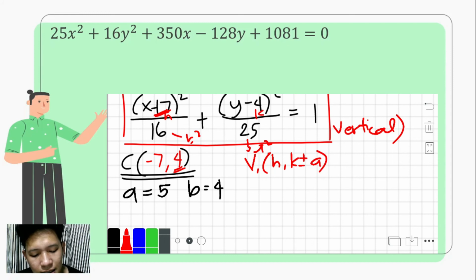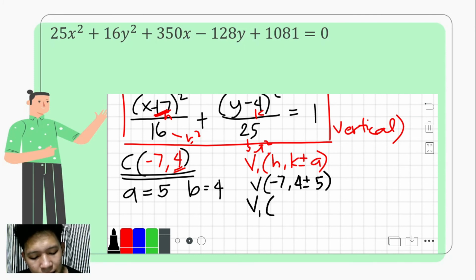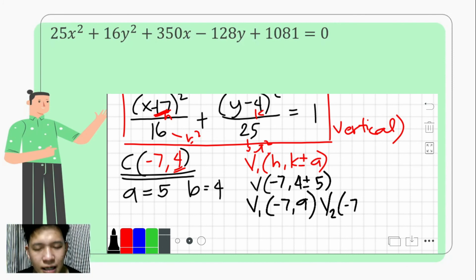Okay? So our vertices would be at h, the value of k, that would be negative 7, 4 plus or minus the value of a, which is 5. So vertex 1 would be at negative 7, 4 plus 5, that's 9. And vertex 2 would be at negative 7, 4 minus 5 is equal to negative 1. Okay, so these are the coordinates of our vertices.